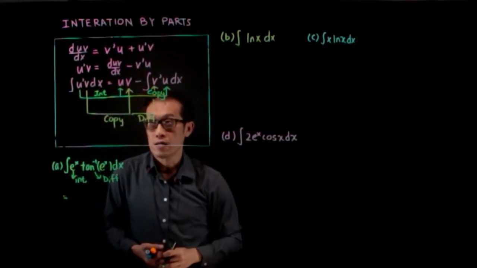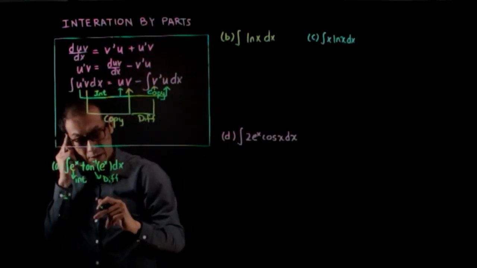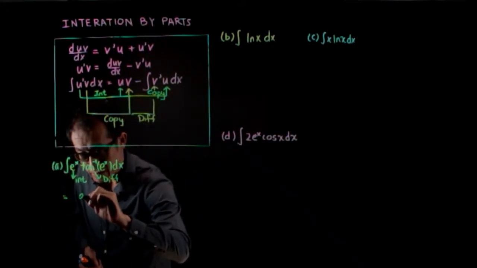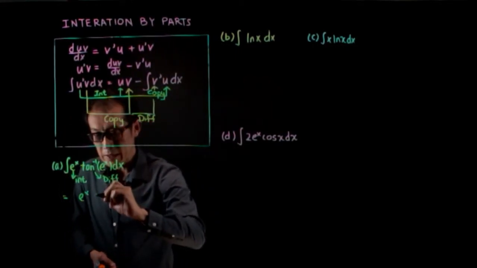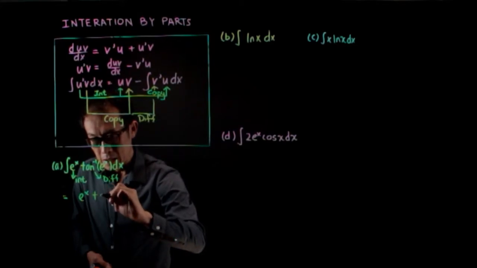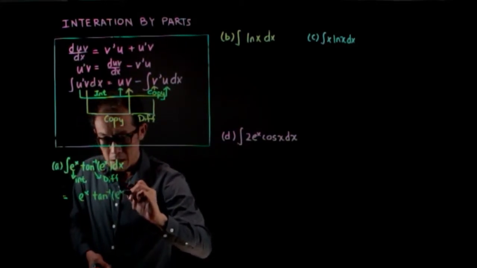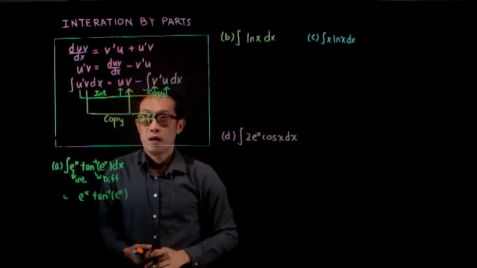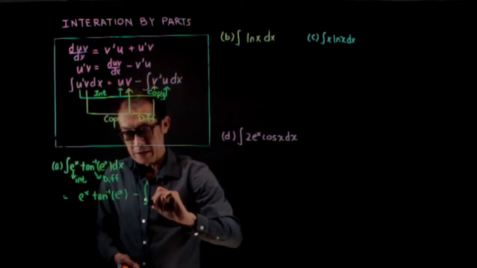So the first one, you integrate this function, then followed by you copy. Then followed by a negative sign and integrate.